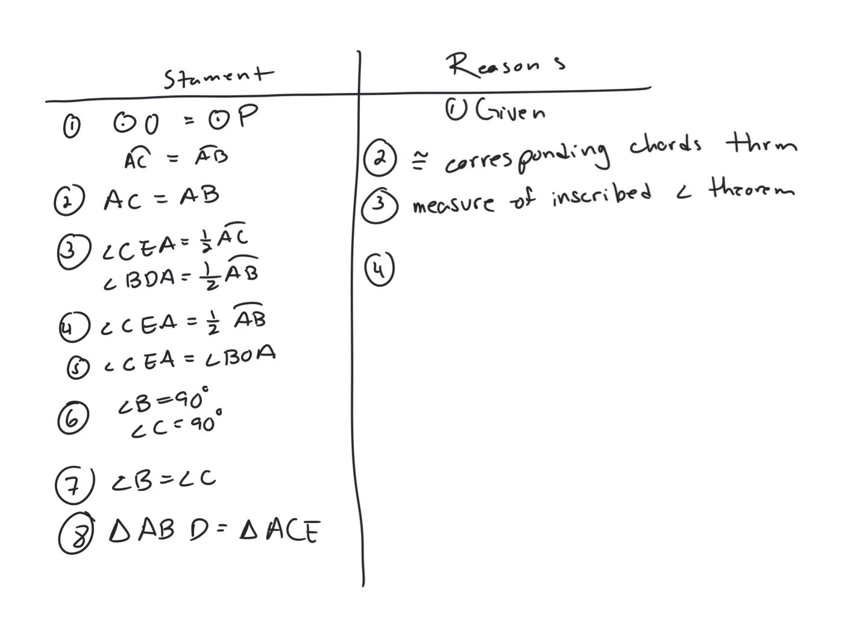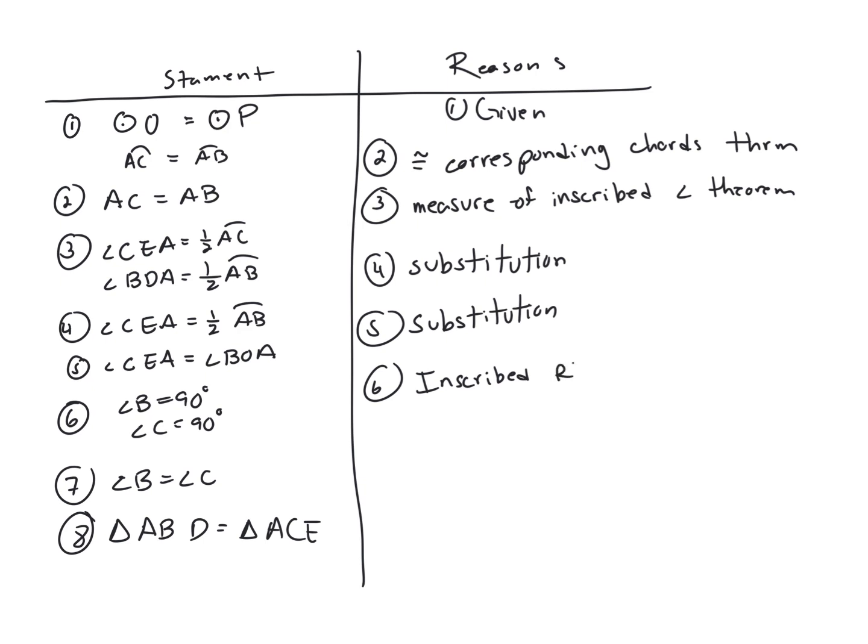For 4, we have substitution, as well as for 5, substitution as well. Now we have 6, which is the inscribed right triangle theorem. I'm going to put RT for right triangle theorem, sorry, not angle. Then we have 7, which is substitution. And lastly, those two triangles are congruent by angle-angle-side.